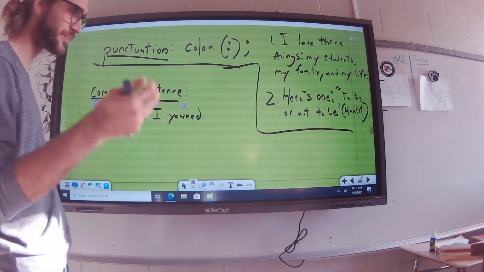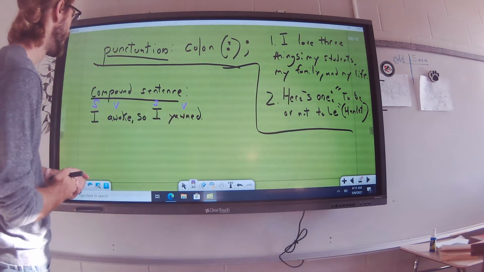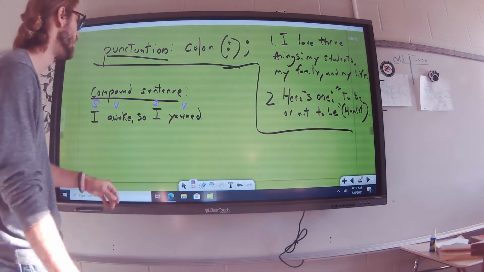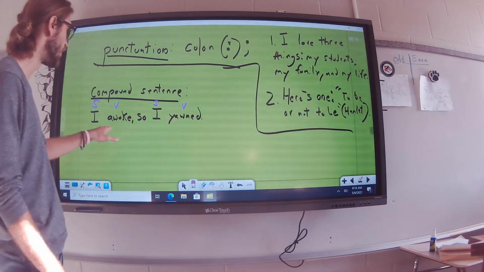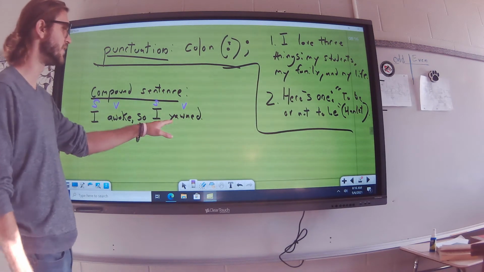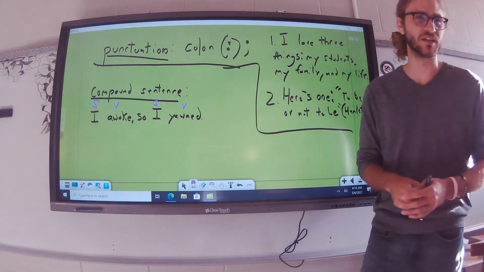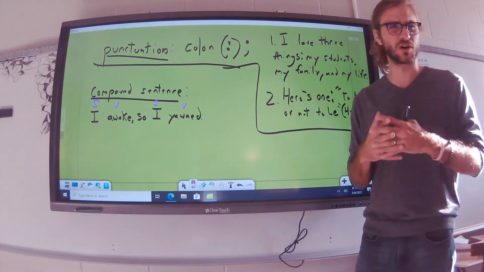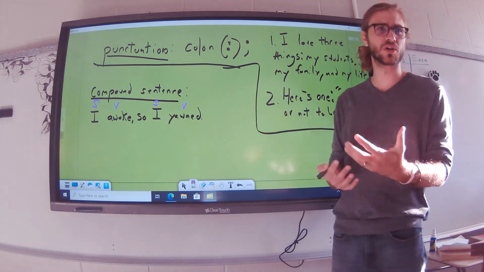And this is a very kind of paralleled sentence. We have I as the subject, the first person pronoun, and then I as the subject again as the first person pronoun. We have a verb in the past tense, and we have another verb in the past tense. So there's a kind of reflection of structure or of form within these two clauses.